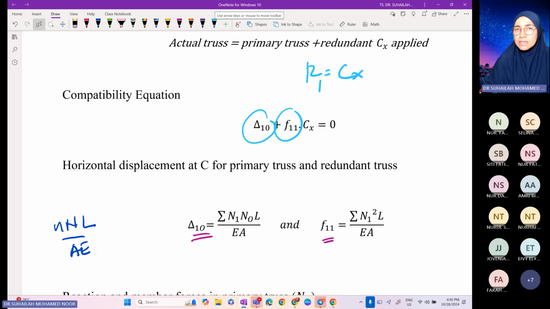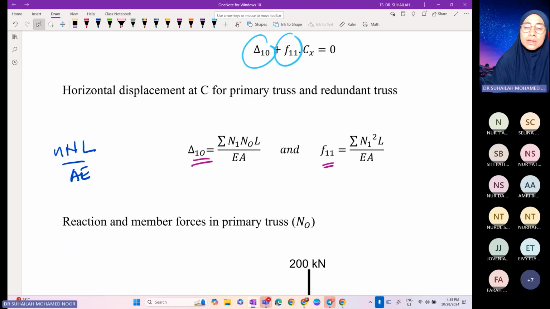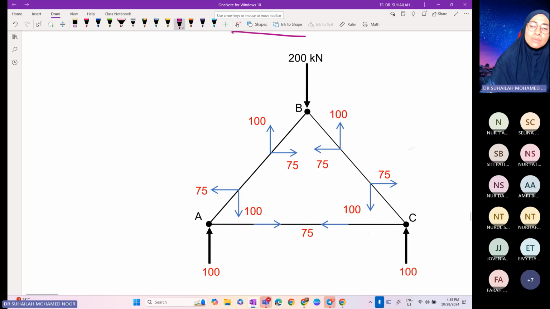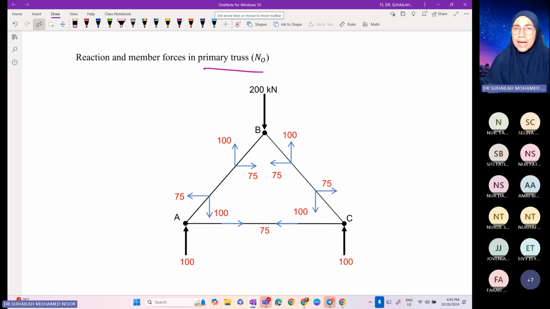Member forces are internal forces, so we use N. N node and N1, like before: N node is for the primary thrust and N1 is for the redundant thrust. So what do we need to do here? We need to analyze the primary thrust to get N node. So N node is a must, because N node is what we put into the formula.